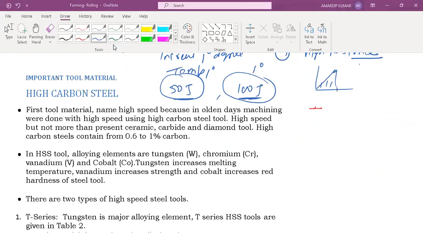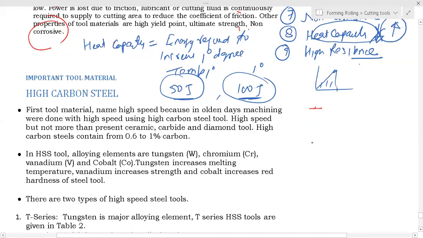Because again we come to the basics. You have this tool, and you have heat generated, that is 500 joule, right? Now 500 joule, and the tool is having some thermal conductivity and some heat capacity.